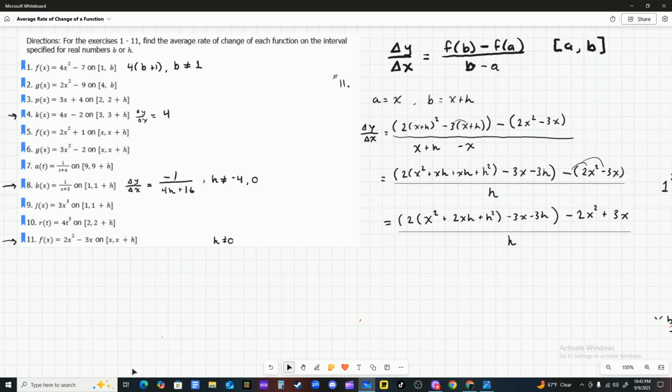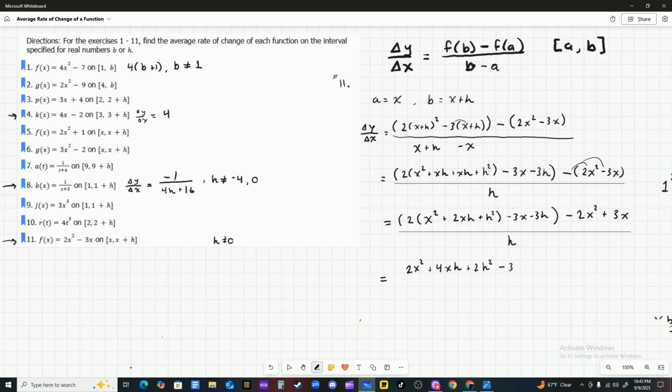Let's keep going. No use in crying. Now I'm going to distribute the 2 into all of this so I can drop the parentheses. So 2 times x squared is 2x squared. 2 times 2xh is 4xh. And 2 times h squared is 2h squared. And since we distribute the negative, I can just keep writing the inside, and I drop the parentheses because I already distributed the 2.